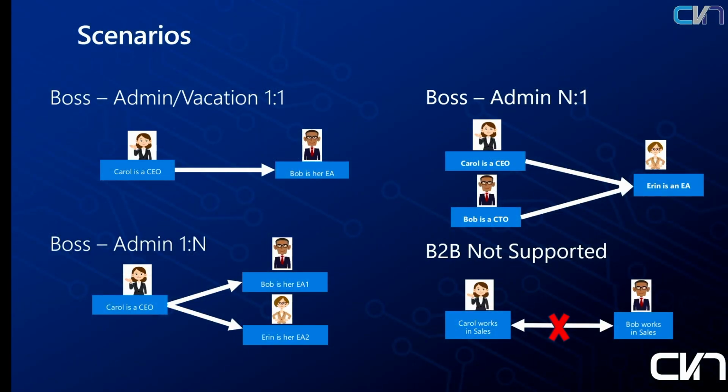So some scenarios here. We have Carol and Bob in a boss-admin or vacation scenario. Carol is the CEO of her company. Bob is her EA, and she makes Bob a delegate, so he can make or receive calls on her behalf, or maybe change the delegation policies or configuration for her.